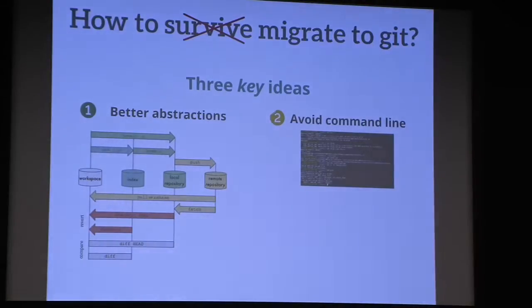So the first one is kind of obvious. The second one will be more arguable. But I think that we have to start forgetting about the command line. Many people that came to me asking about Iceberg asked me, will it be possible for me to still be using the command line when Iceberg isn't enough?